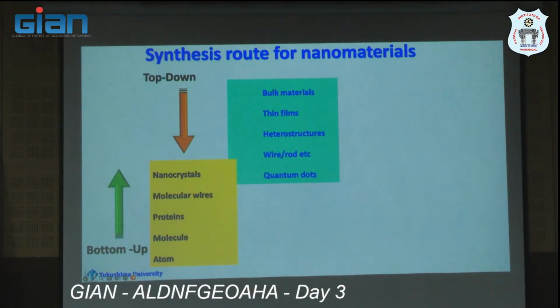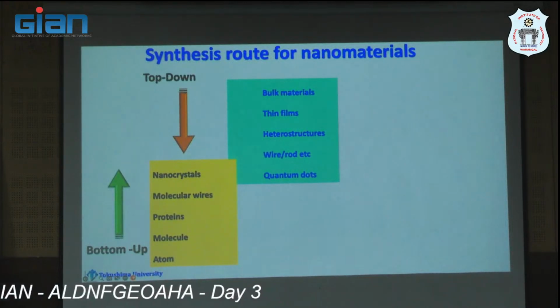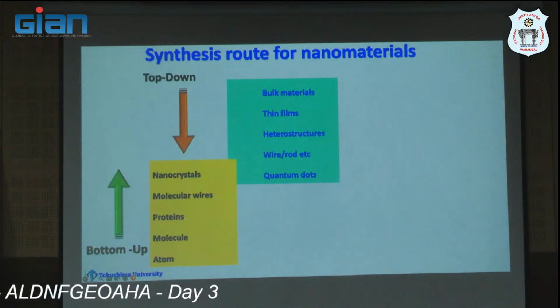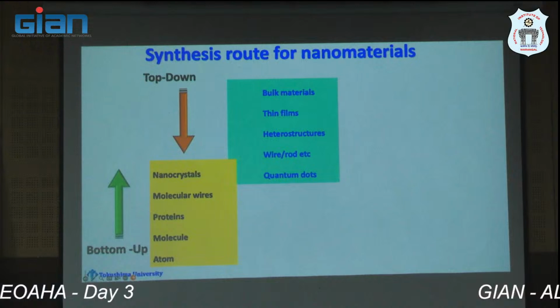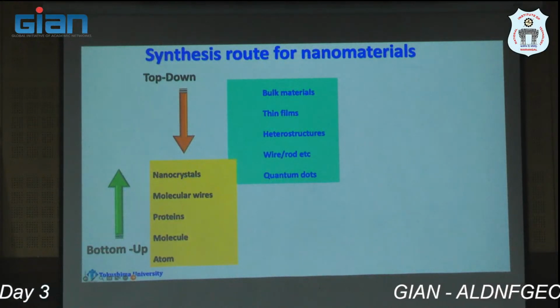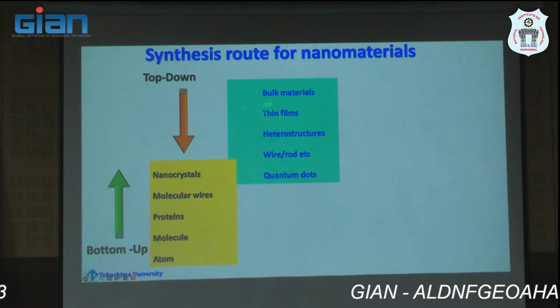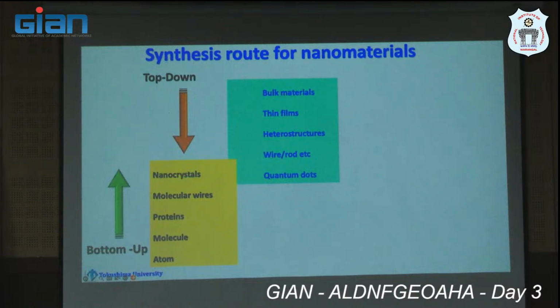These are some of the materials that you can synthesize or prepare using the 2 approaches, top-down or bottom-up. You can prepare various thin films, rods, wires, quantum dots, or nanocrystals.